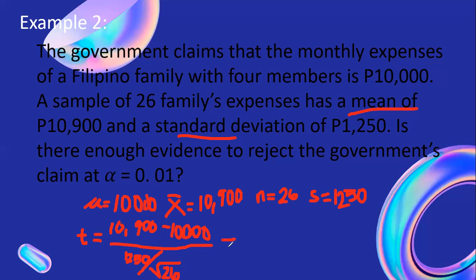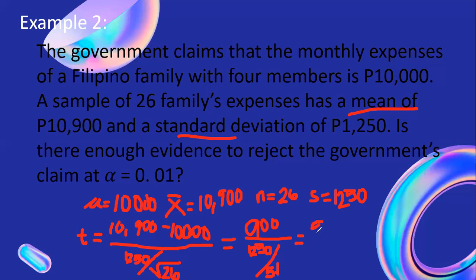And so, solving for that, 10,900 minus 10,000 is 900, of course, divided by 1,250. Sorry for the way I write. Square root of 26 is approximately equal to 5.1.